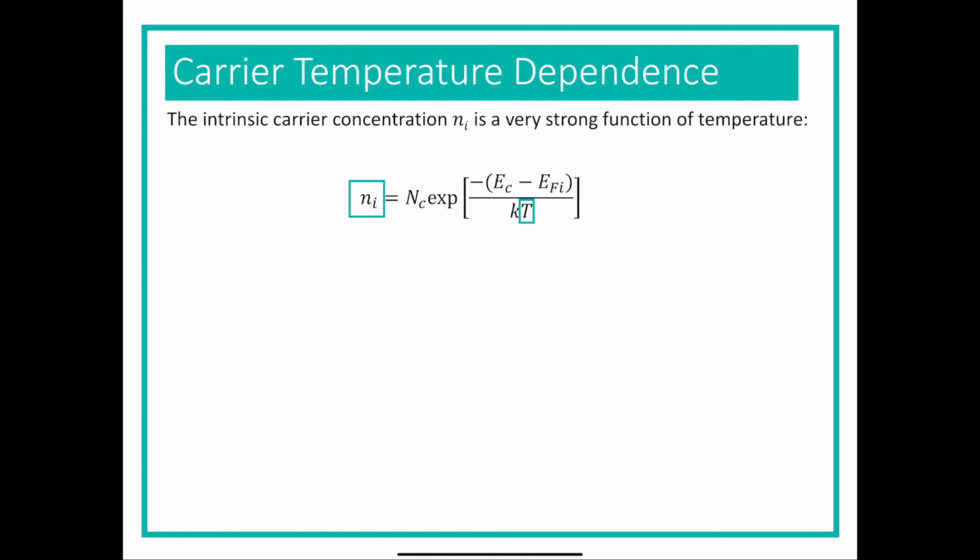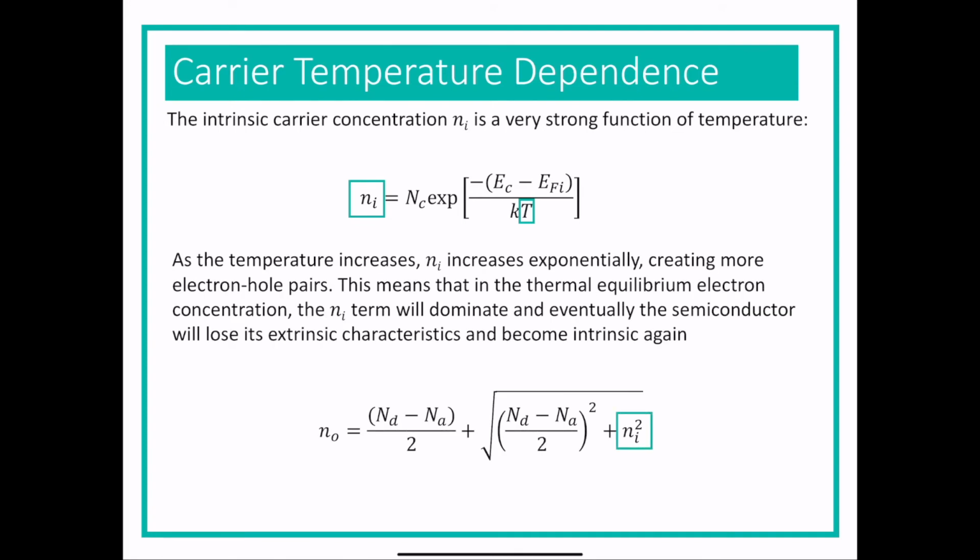So what happens is when the temperature goes up and up and up, that value of ni squared gets bigger and bigger and bigger. And if it gets big enough, it overrides the acceptors and donors that have been added. And what you actually end up with is intrinsic material again, if the temperature gets too high.